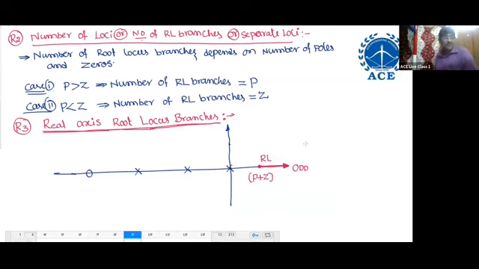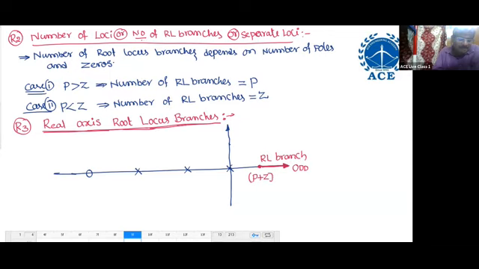You just take a point and count to the right. If it is odd, then there exists a root locus branch. That's all.